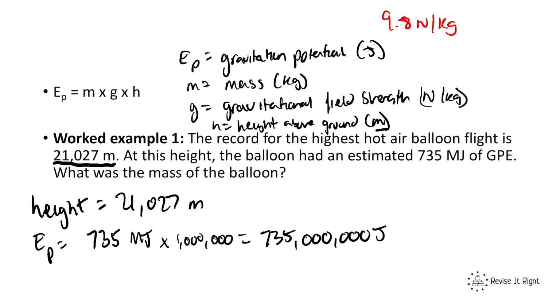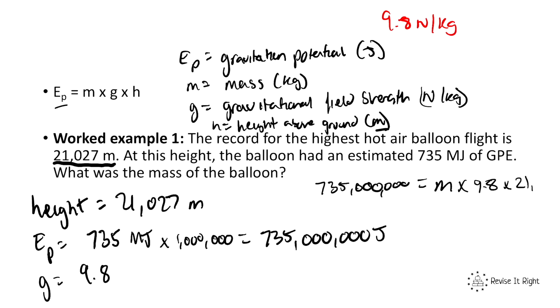Now we said that the gravitational field strength was 9.8 on Earth. So we're going to use our gravitational field strength at 9.8. Then we need to input these into our equation. So gravitational potential energy, which is 735 million, is equal to our mass, which is what we're trying to work out, times gravitational field strength, which is 9.8, times the height, which is 21,027.